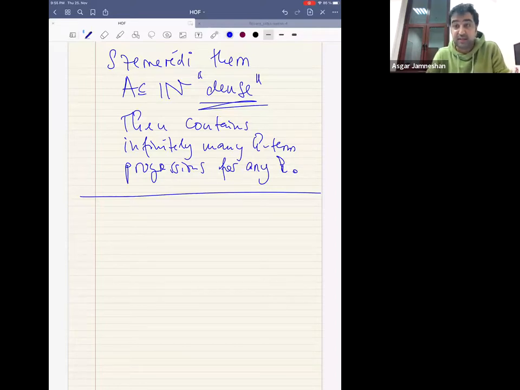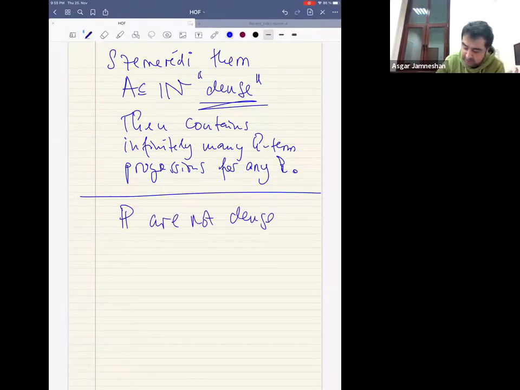But is this the end of the story? It is not the end of the story. In fact, the primes are not dense. To prove this is not so easy, but you can just believe me for the moment. For those who do mathematics here, this follows from the prime number theorem.